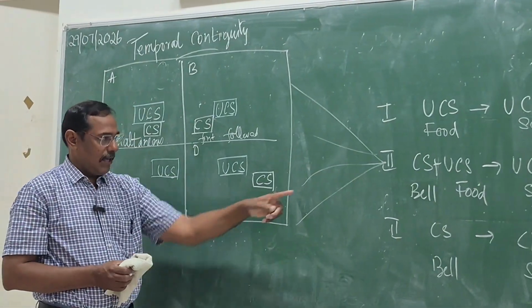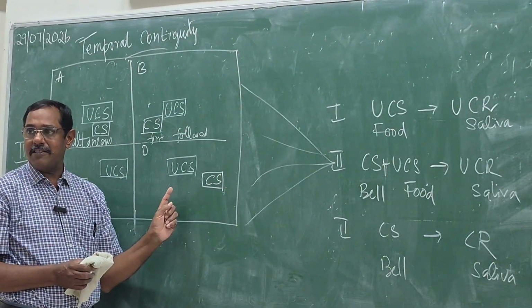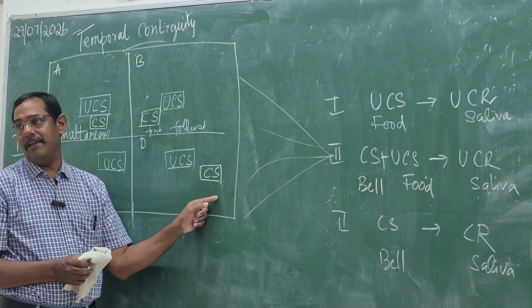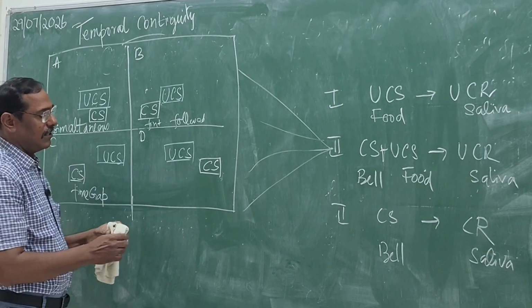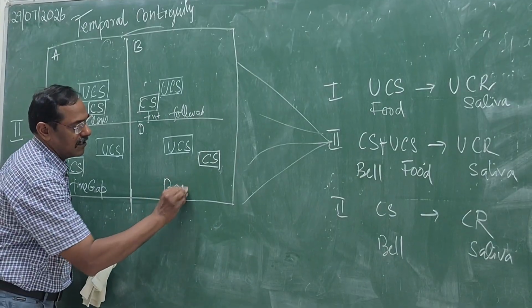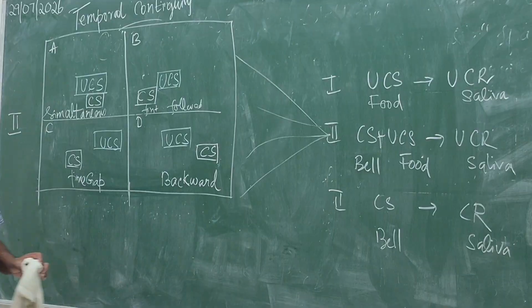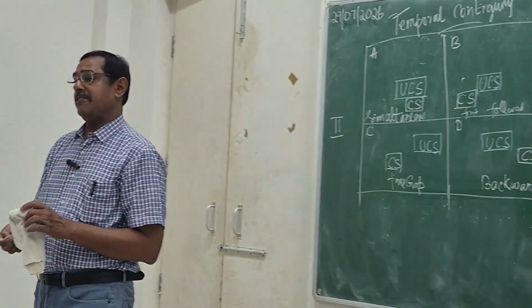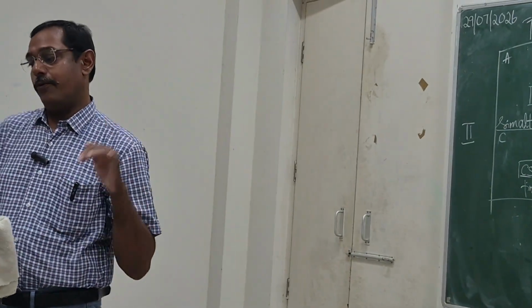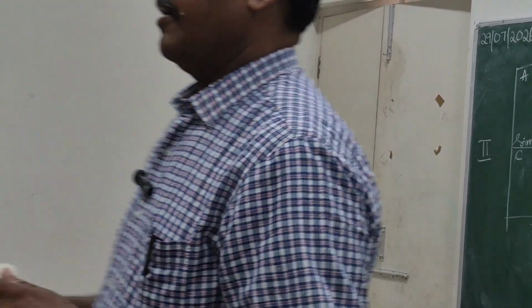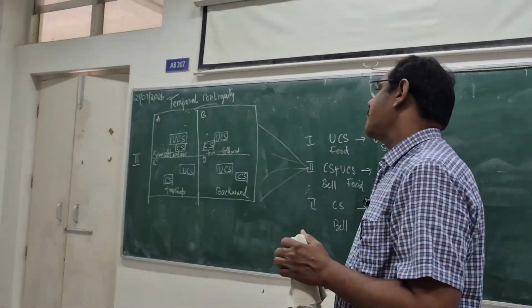But here, food is given first, followed by bell. Almost reverse, therefore this is called backward. So we have four different timings of presentation of conditioned stimulus and unconditioned stimulus.